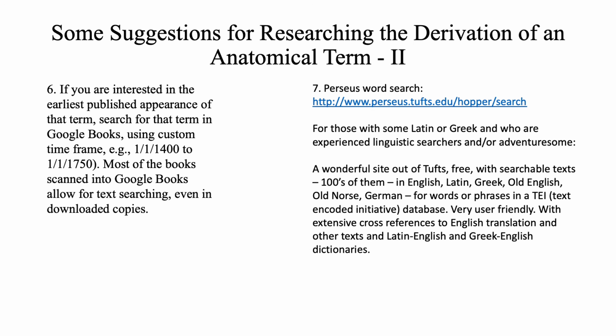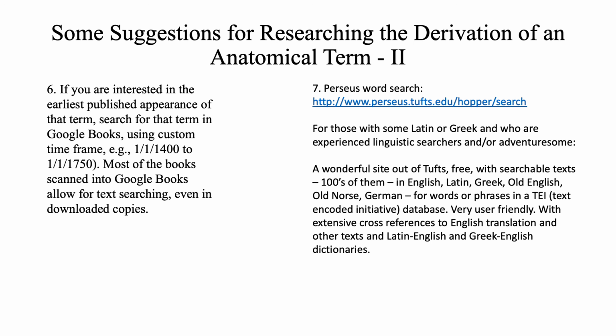You can also, if you're familiar with Greek or Latin and linguistic searches, or just adventuresome, do a search for that particular word like ulna in any of the texts that Perseus, which is a free searchable text site from Tufts. They have many hundreds of texts in English, Latin, Greek, Old English, Old Norse, and German.